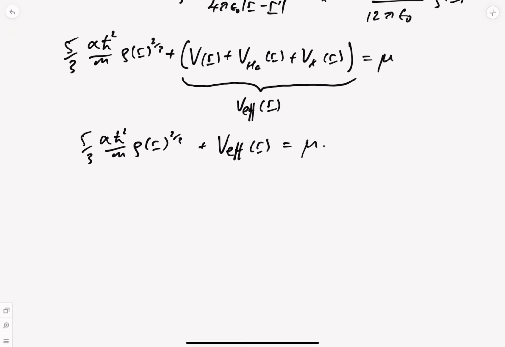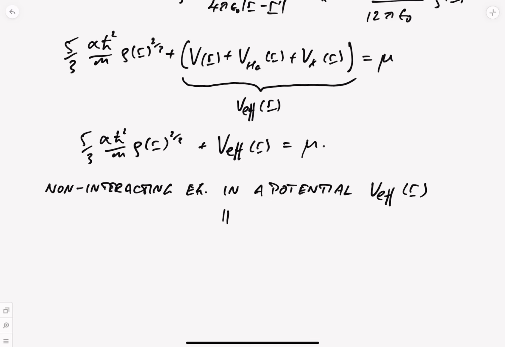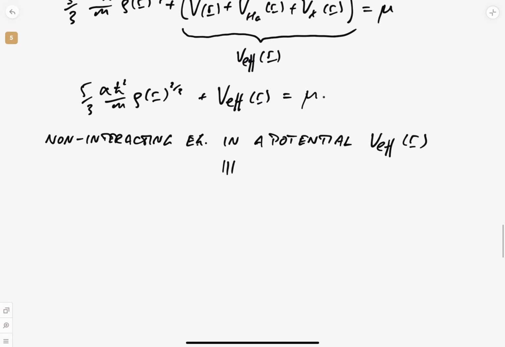Now this equation actually is quite remarkable. What it tells us is that there's an equivalence between the non-interacting electron gas in a potential V effective, and I'm going to put three lines vertically to indicate that that's an equivalence, so the non-interacting electron gas in a potential V effective is exactly equivalent to, or the condition for the ground state is exactly equivalent to, the interacting electron gas in the potential V of r.